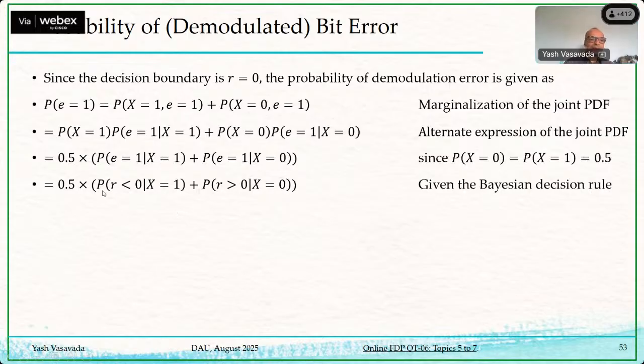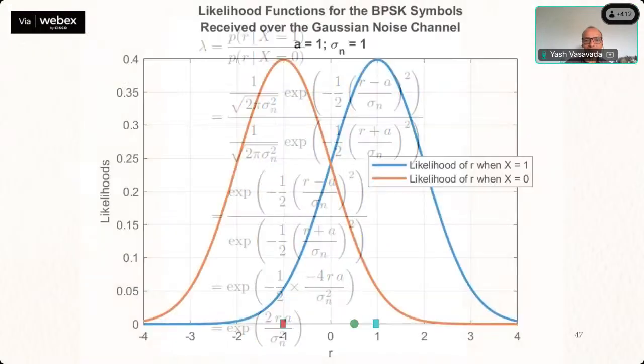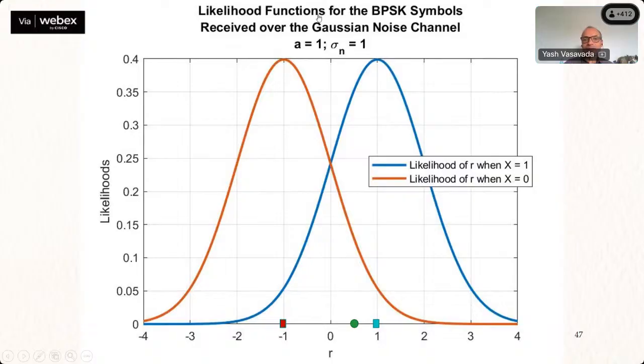Now you see that this first conditional probability, of r less than 0 when x equal to 1, we have already kind of visually seen, right? What is this? This was the blue colored PDF in our chart. Probability of r given x is equal to 1. That is the blue colored chart.